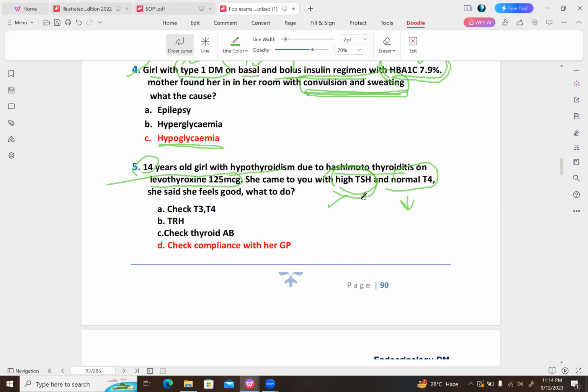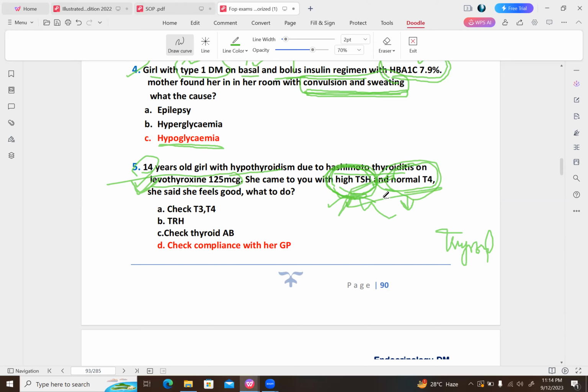So she has taken this levothyroxine just before coming to the clinic, and her T4 levels are normalized because she has taken this drug just now. But her TSH is still high. Why high? Because it will take some time to normalize.